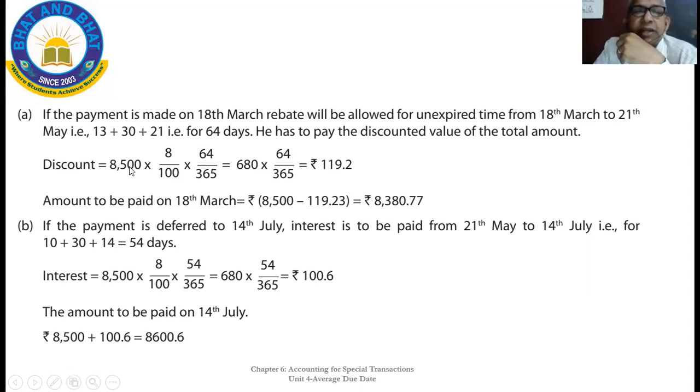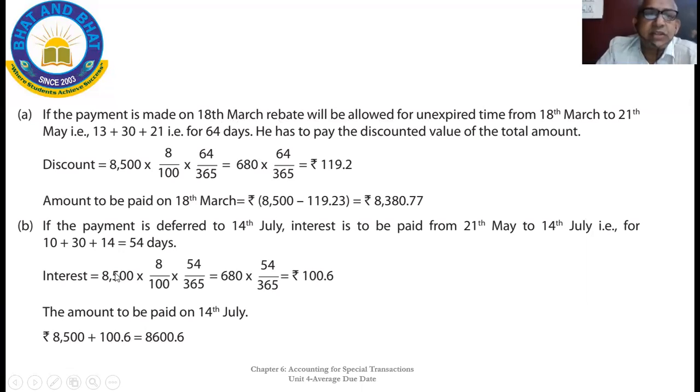Hence, 8,500 times rate of interest 8 by 100 times 64 days by 365 days. This simplification comes to 119.20. That is allowed as rebate while making the payment because the payment date is earlier than the average due date. Here, for payment after the average due date, 14th July: May further 10 days, June 30 days, July 14 days. Total comes to 54 days.